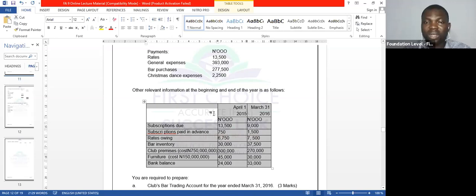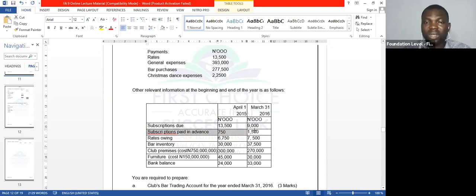We need now is 13,500. Another one that we have is subscription received in advance. This is payable. The opening balance is 750, while the closing balance is 150. So these are the figures that we have to use in our subscription.